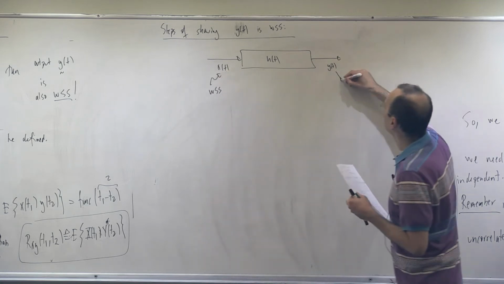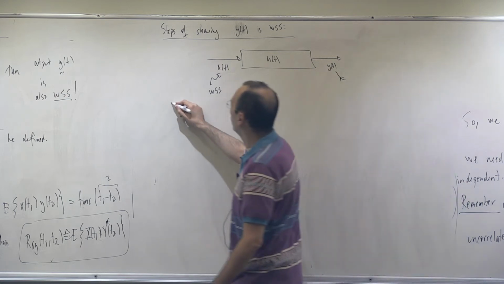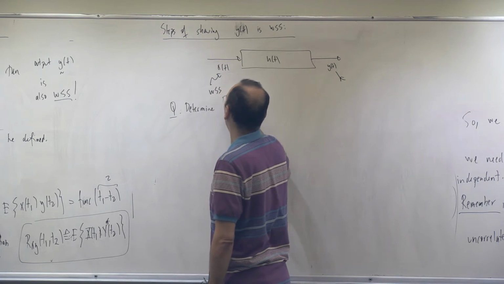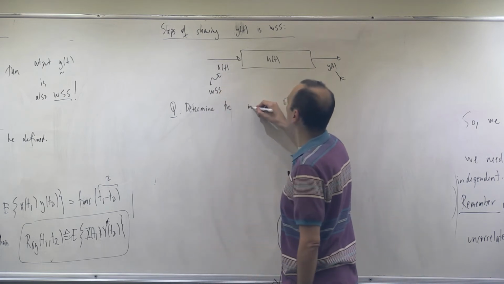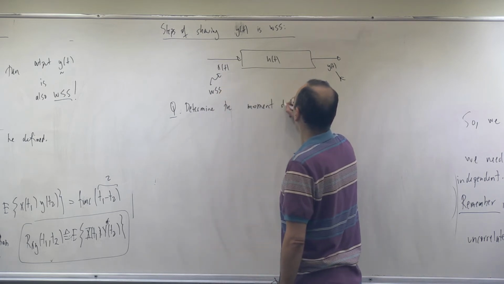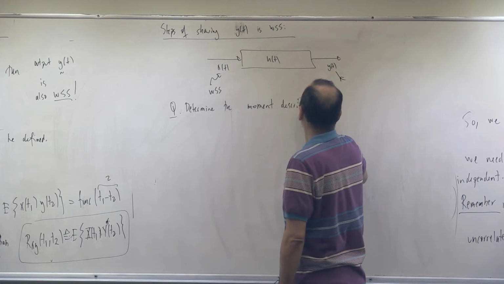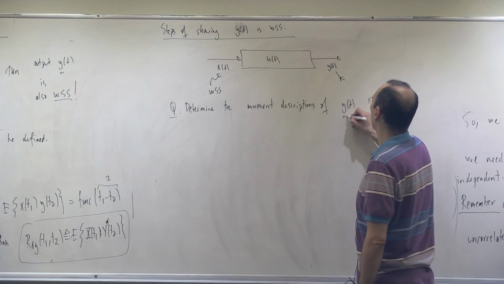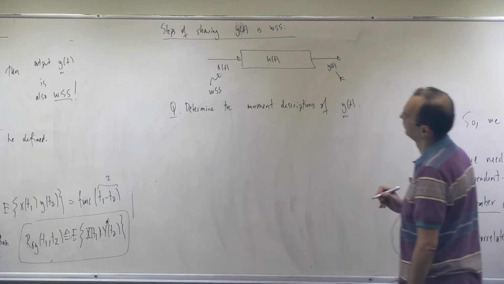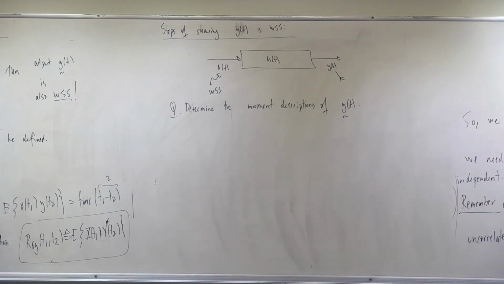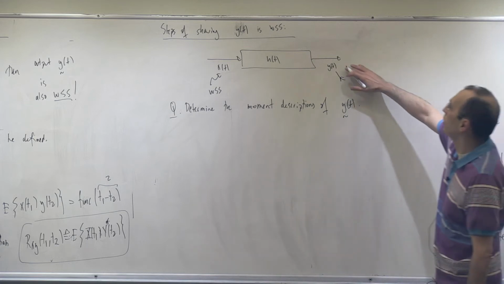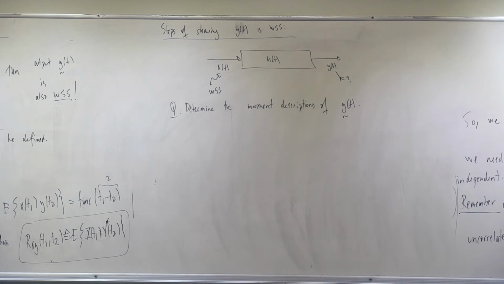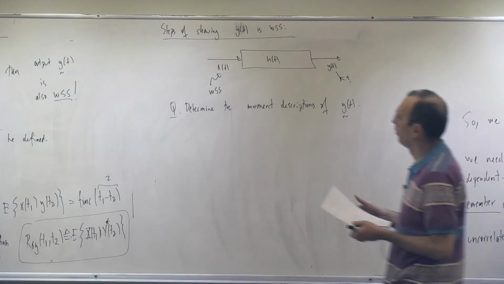So the question is, let me write a question: let's determine the moment descriptions of the output process y of t. That is it. So I need the mean and the autocorrelation function of this output process. I have to calculate them. That is the issue.